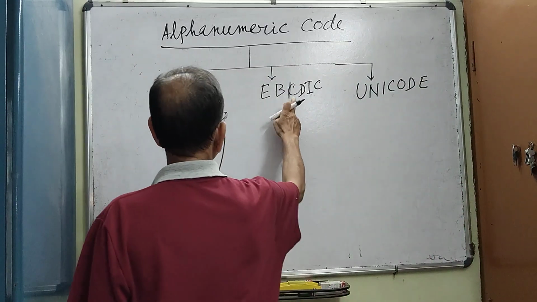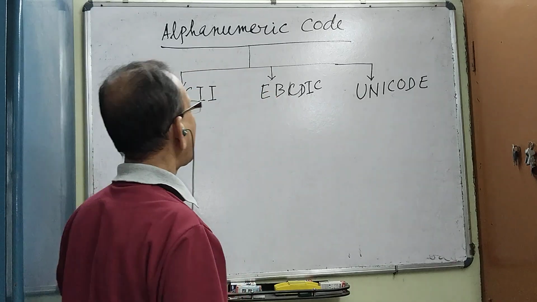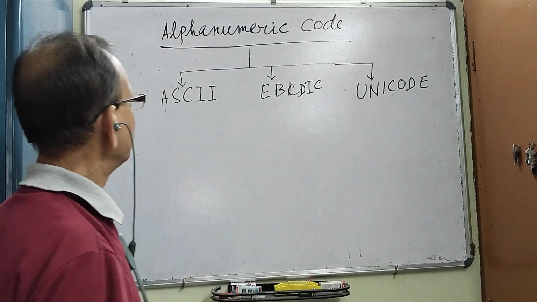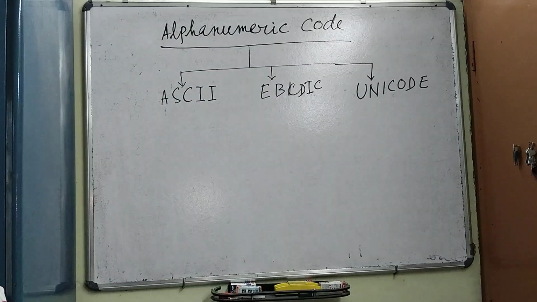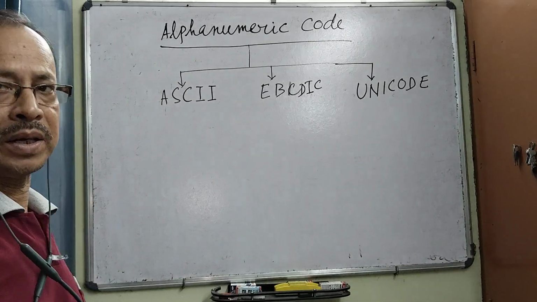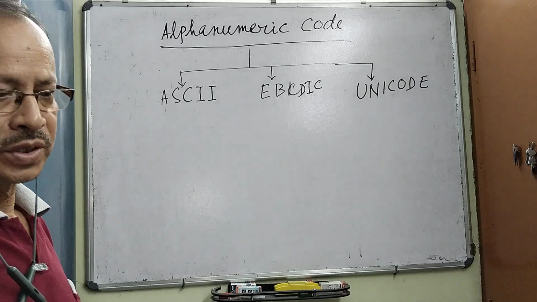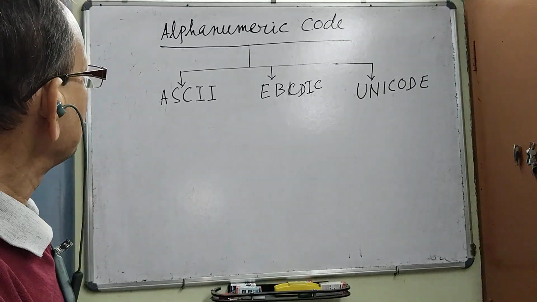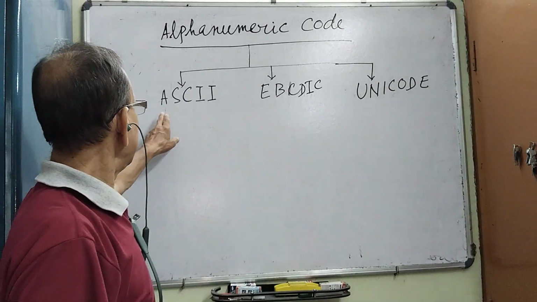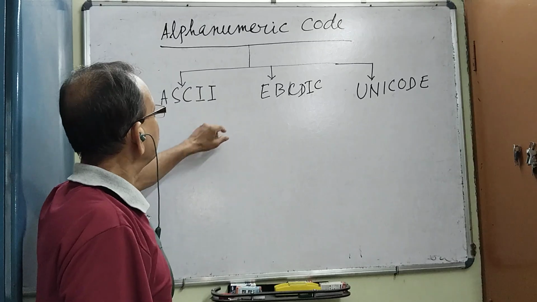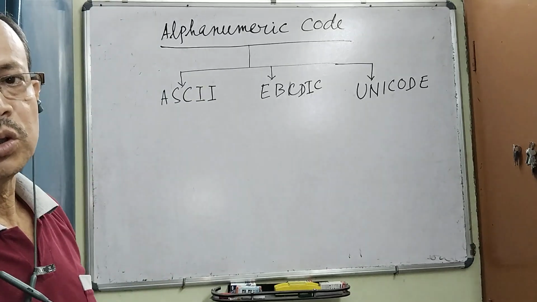So these are the three alphanumeric codes. With the help of alphanumeric code, we can represent alphabets as well as numbers, special symbols and punctuation. So first, ASCII code.